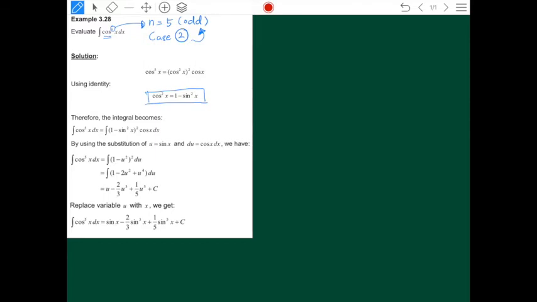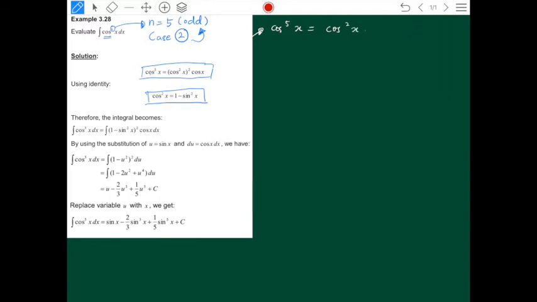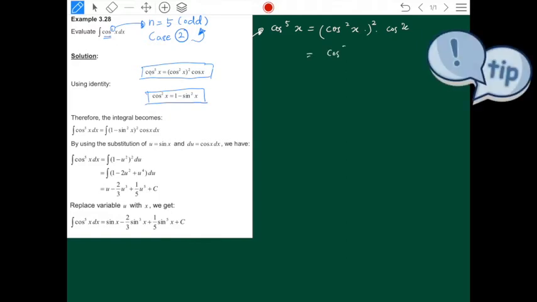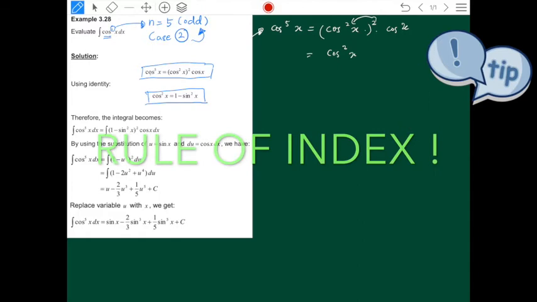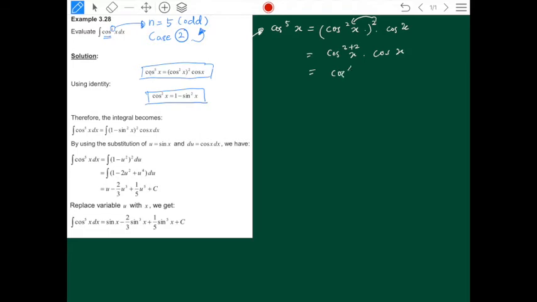Again, the solution is that you need to break it into this form, cos 5x. So we chunk it into cos squared x, cos squared x times cos x. If you have power of 2 here times cos x, it is actually cos 2x. You can add it here, plus 2 cos x. So this is cos power of 4x cos x.